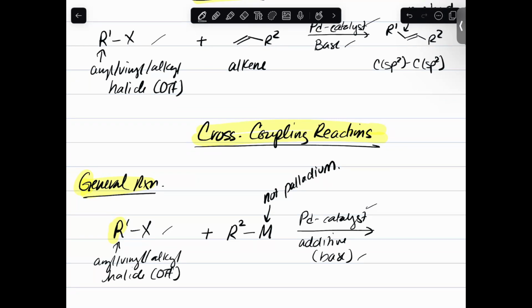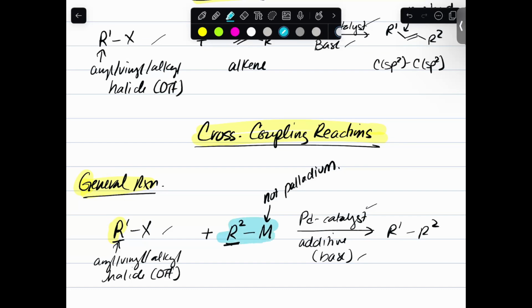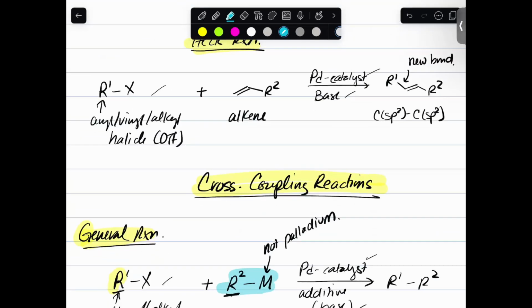In this case, you typically form your bond between the two R groups, i.e., the R group that's bonded to a metal and the R group that holds the leaving group. The only difference is that you're starting with an R group bonded to a metal as opposed to just an alkene with hydrogens and an alkyl group on it.